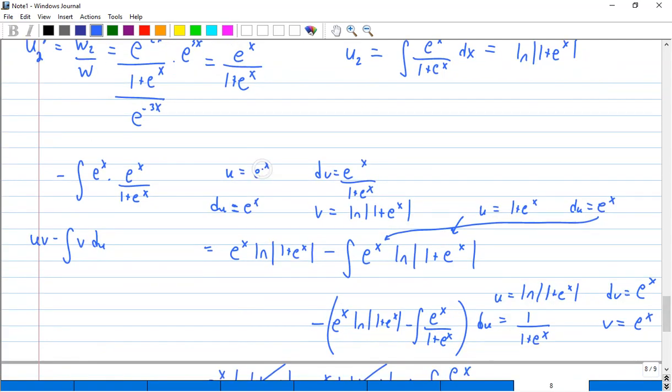Okay, so if I let u equal this, dv equal this. Oh, I forgot about the negative in front of everything. Do you remember the negative in front of everything?